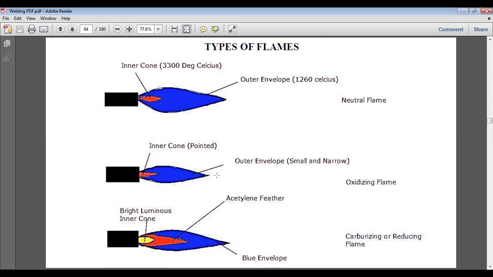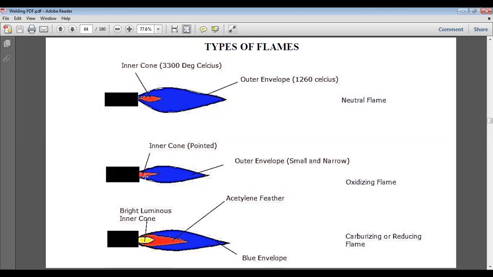If more oxygen is taken, that provides complete burning of the acetylene gas, because we know acetylene cannot be burned without oxygen. So high oxygen gives full opportunity to burn all the acetylene.